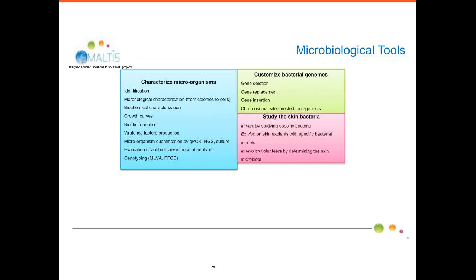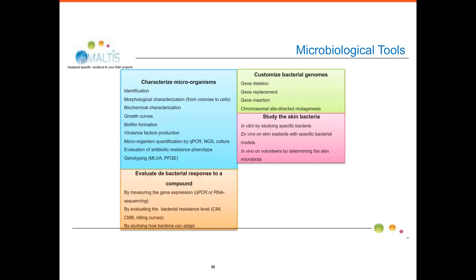Thirdly, we have developed specific tools and methods to study the skin microflora. This method now allows us to be the only company in Europe capable of studying the skin microbiome directly on healthy volunteers.